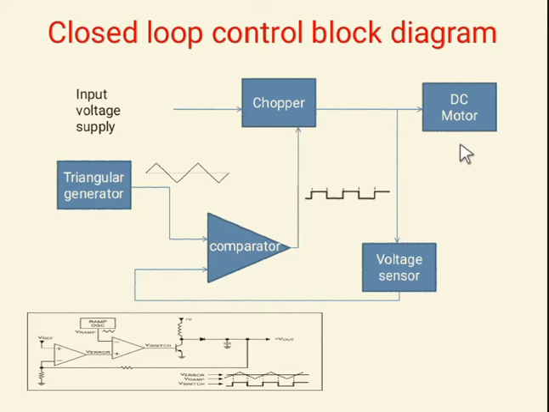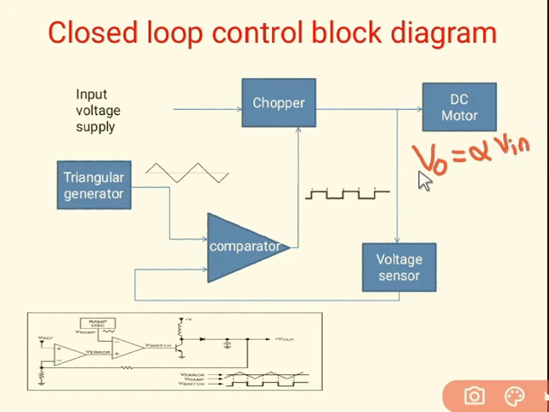First consider that we have to maintain the constant speed of the DC motor irrespective of the change in the input voltage. Suppose we have to maintain constant speed of the DC motor, we have to maintain constant output voltage VO, which is the output of the chopper, equal to alpha V in.